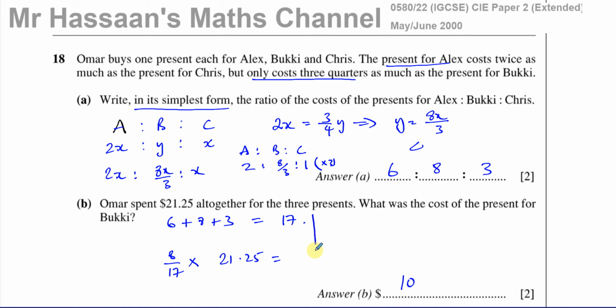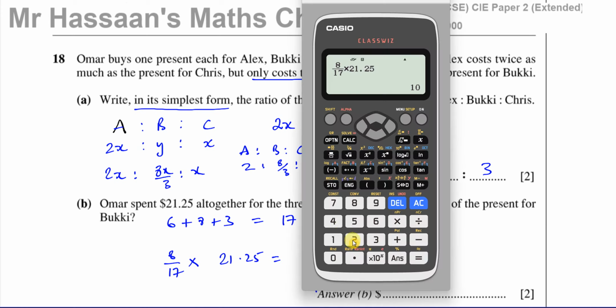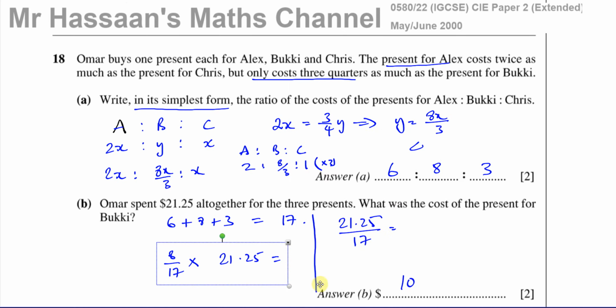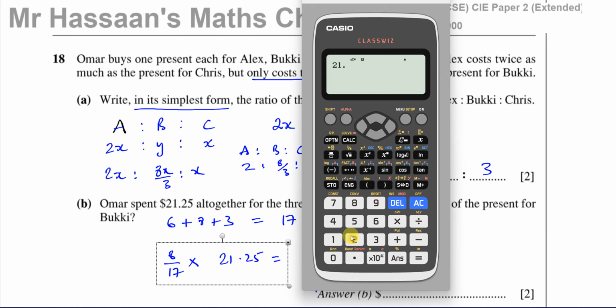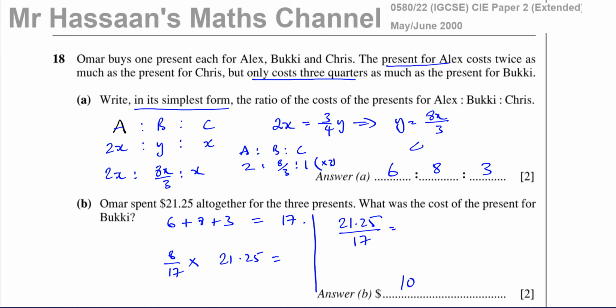We could also have done this in another way. We could have said, you've got 17 parts, so the total cost is split up into 17 parts. You have 21.25 divided by 17, which gives us 5 over 4.